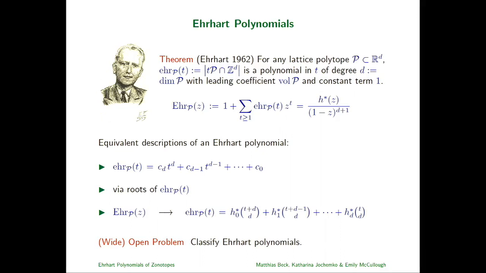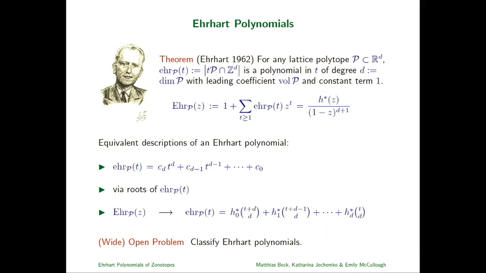So if you have a degree d polynomial and you write it as a formal power series, you can write this as a rational function where the denominator is clear a priori. So then the question is, what's this numerator? And I claim this numerator is a polynomial with exactly these coefficients down here. So the linear change of variables from here to here is the same change of variables as going from the polynomial to your generating function. This turns out to be the same thing. Okay, so this has some advantages.